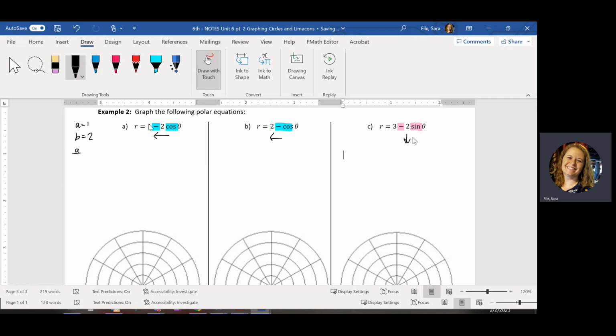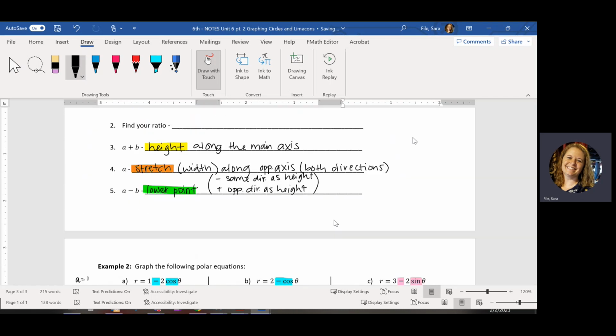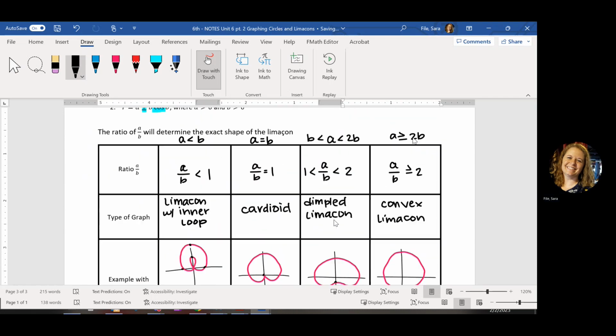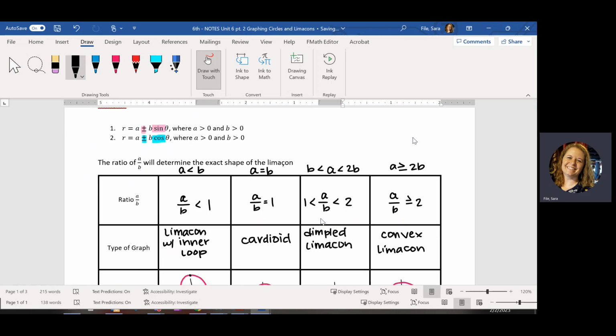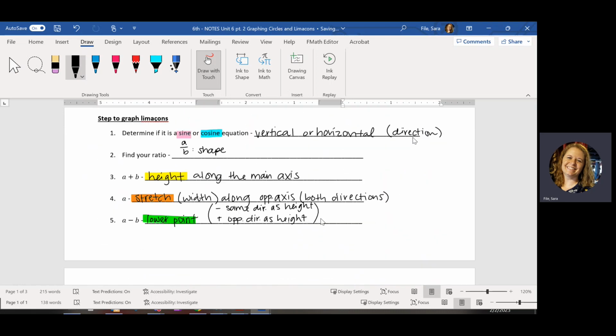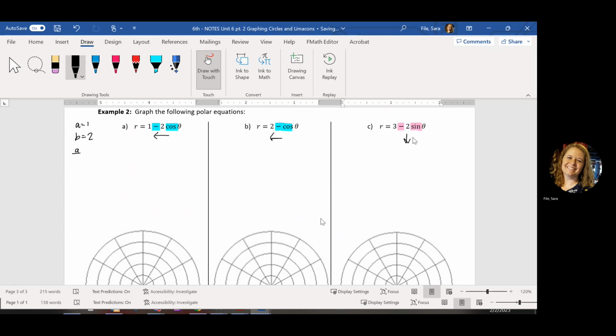We're not worried about the sign. We just want the numbers. Here, we want to just look at A and B greater than 0. The positive or negative goes with the sine or cosine, because that's just telling us the direction that we draw the limacon. So as far as the ratio goes, we don't need to worry about the minus.